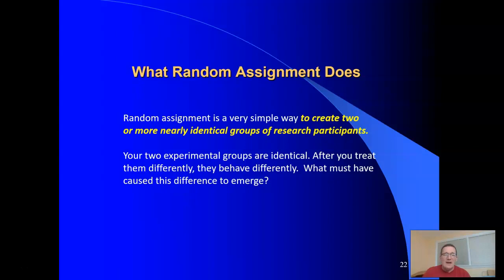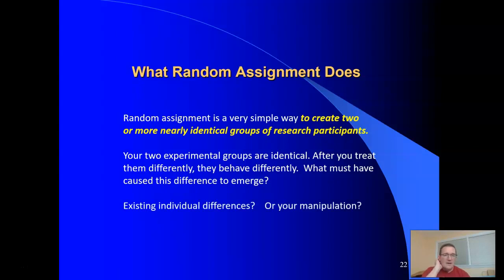If they're identical in every imaginable way, and you give them a treatment, and then they behave differently, you can be pretty confident that it wasn't the fact that they were different to begin with. Random assignment made them similar to begin with, and if they were different after your manipulation, you got rid of every possible confound if you did your study right, if your sample was big, if you used random assignment.